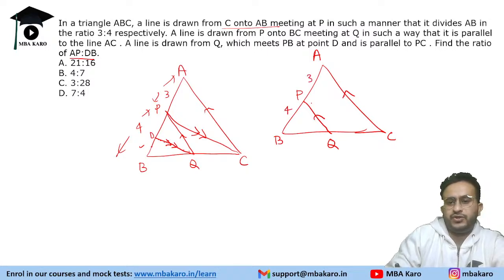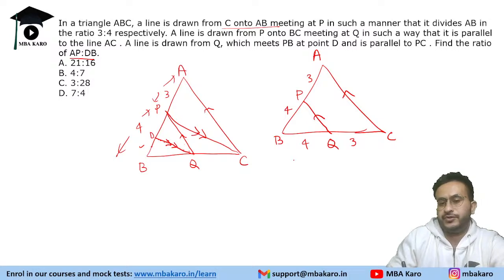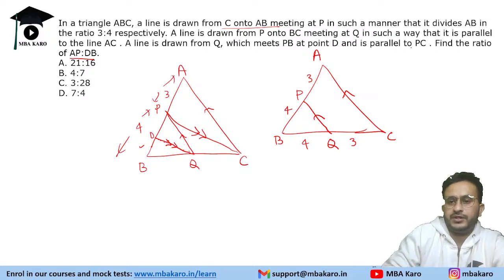So this is 3:4. Now these lines are parallel, so that means BQ and QC will be 4:3. BQ ratio QC is 4:3.